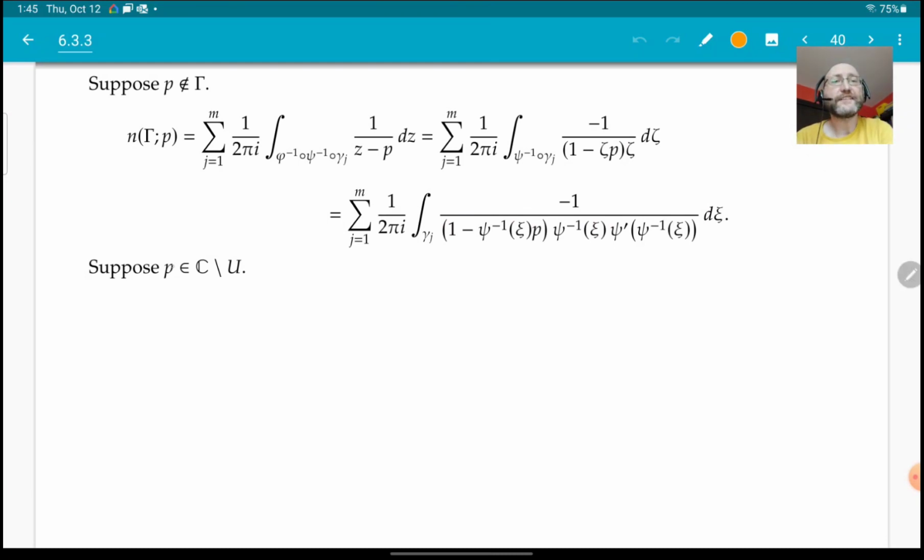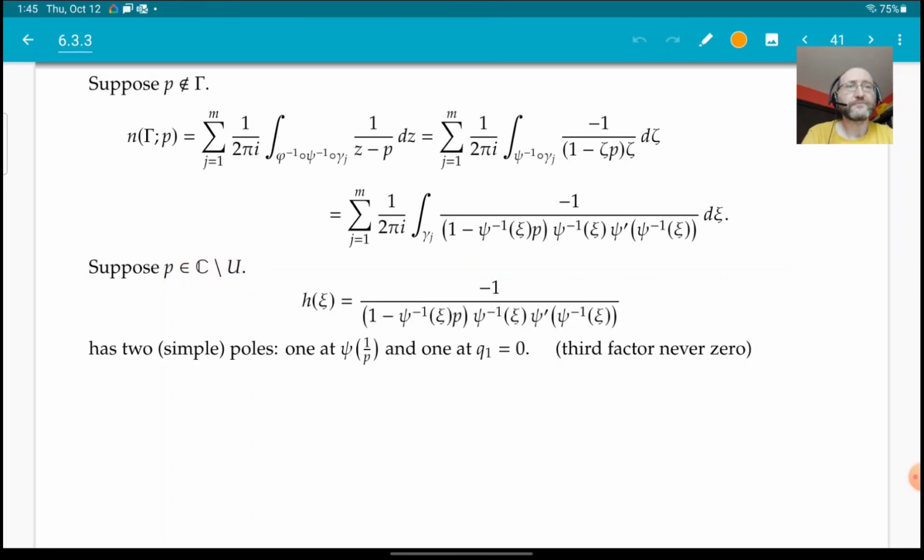So now let's suppose that P is outside of U. Then we're trying to get that the winding number is going to be 0. So let's give this a name. Call this H, and we're really integrating H around each of these circles. Now this has 2 simple poles. It's very easy to see that they're simple poles.